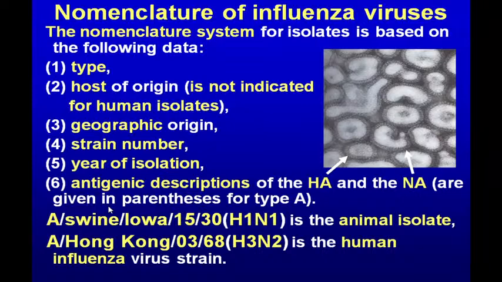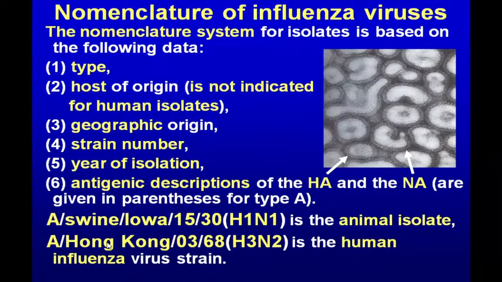How do we name the influenza viruses? Usually, if we take a look at this or at that. So first, we put the type, then if it is an animal virus, we have to write here from what animal this virus had been isolated.